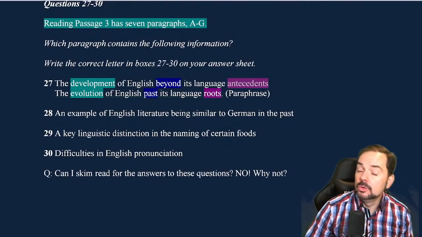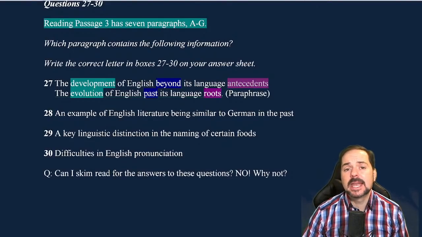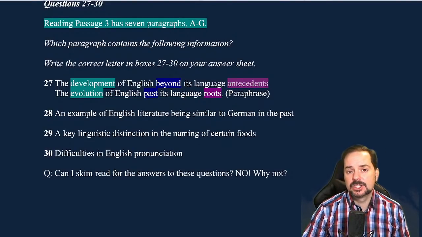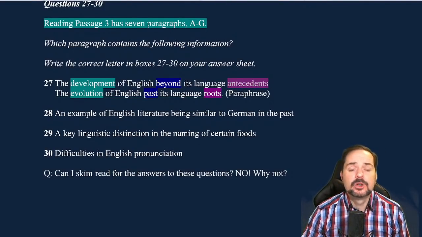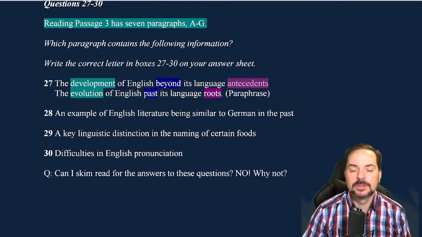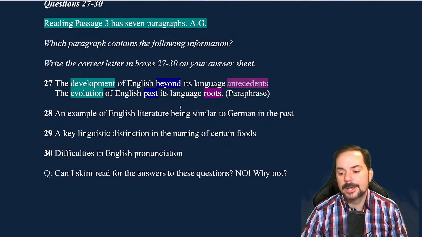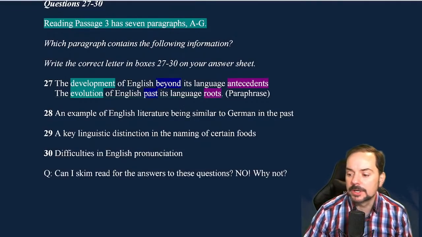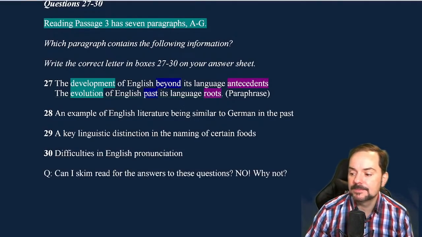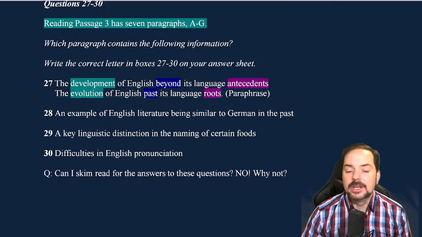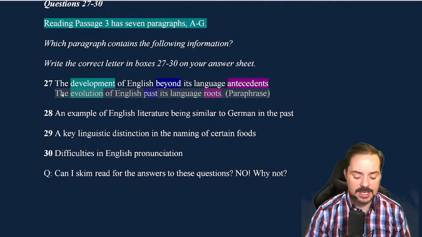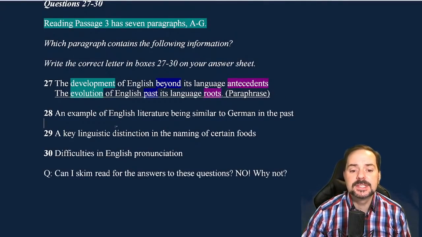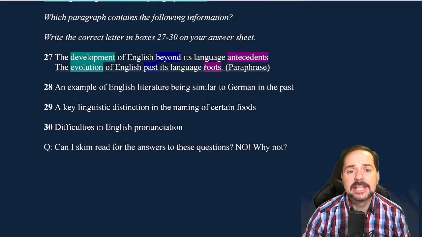So usually skimming and scanning, especially for passage 3, becomes virtually impossible in the 20-minute time limit, okay? All right, so that's very important. Everybody got that? Okay. All right, so when you're at home though, you want to do this kind of paraphrasing so that you can see the answers faster while you're reading, okay?